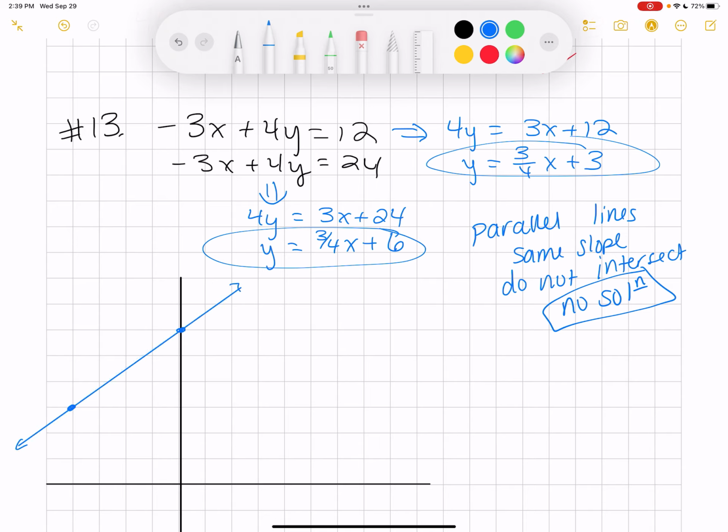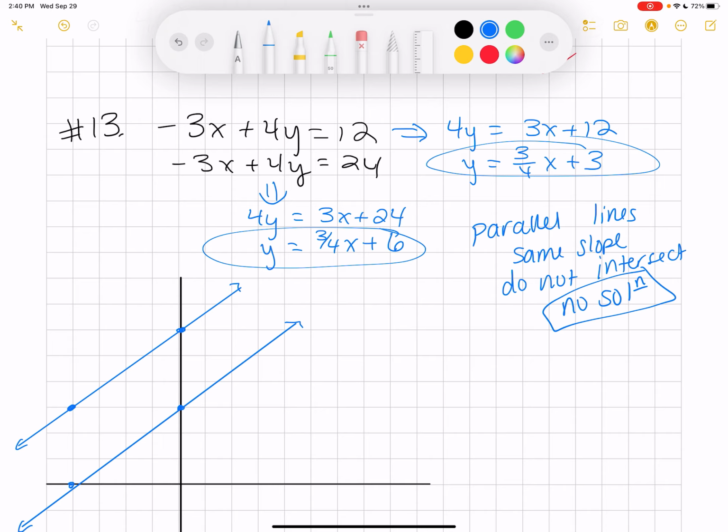And the other one up to 3 and then down 3, back 4. Okay, so that shows you right there those lines are parallel. And so there's no solution. They will not intersect anywhere.